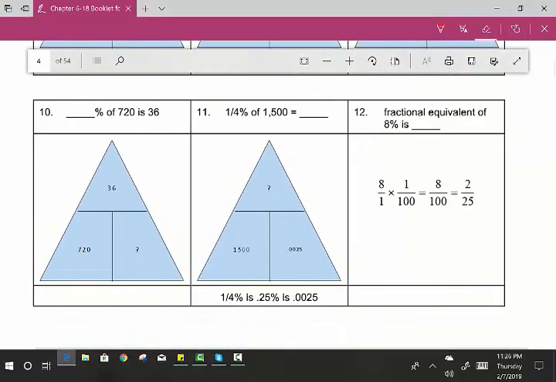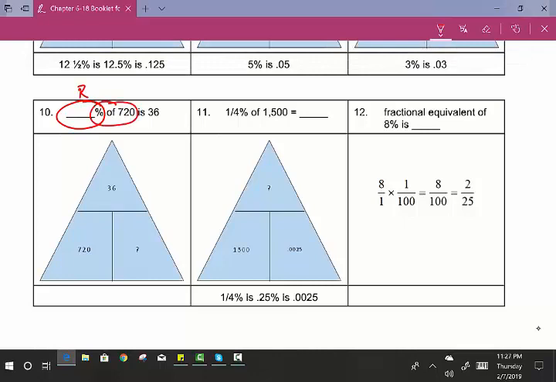Let's scroll up to number 10. Some percent. We don't know what the rate is here. The number that generally follows percent of is your base. The number that's associated with is or equal is your part. So rate is equal to part divided by base. So that's 36 for your part divided by the base of 720.